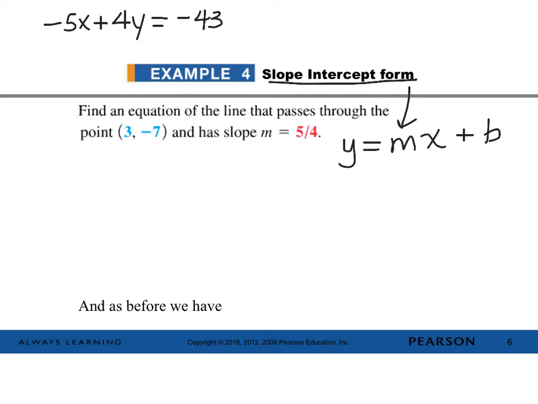And believe it or not, we've got everything we need to know to be able to write the equation of that line, because we've got the slope and we also have x and we have y. So y is negative 7 and x is 3.